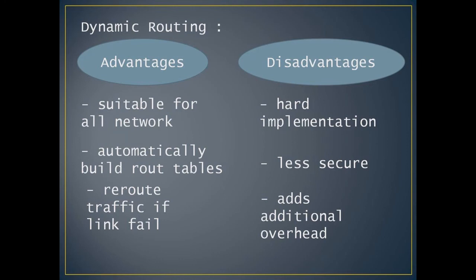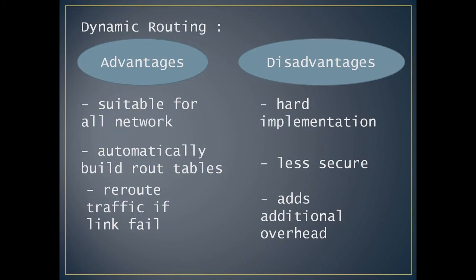For example, static routing can handle only a certain number of networks, in which the administrator or the user has to update it if a new network is added or an old network is changed.